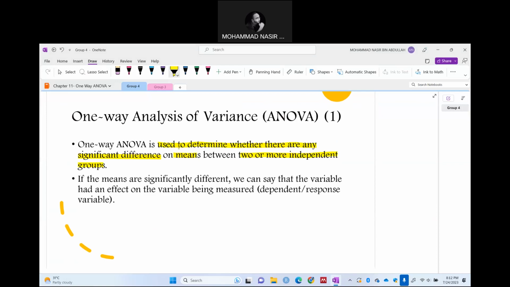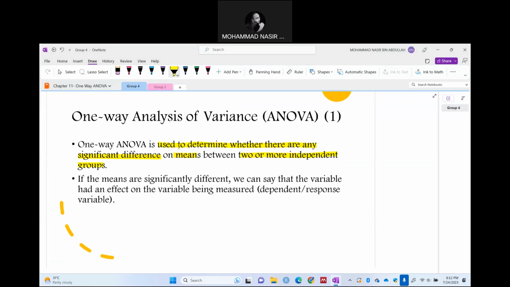That is the independent sample t-test basically. For one-way ANOVA, we want to find the difference between more than two independent groups. So it can be 3, 4, and so on.